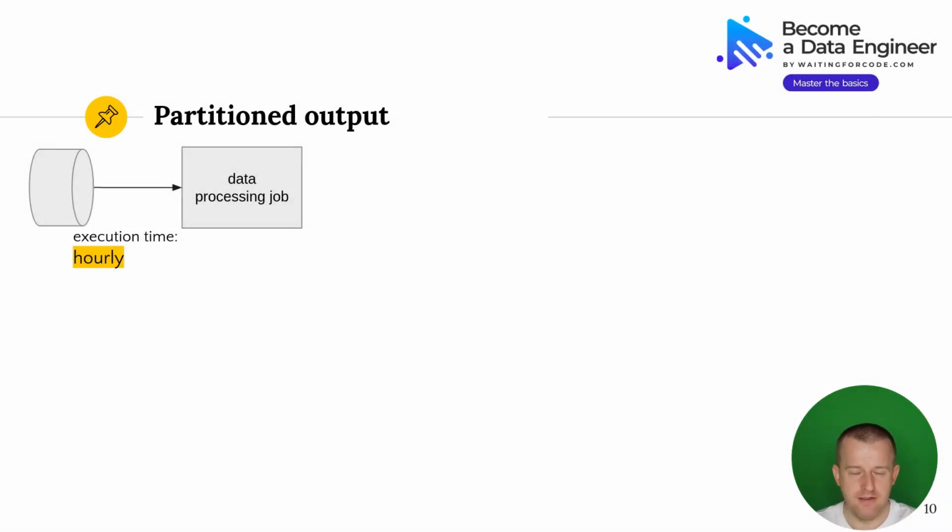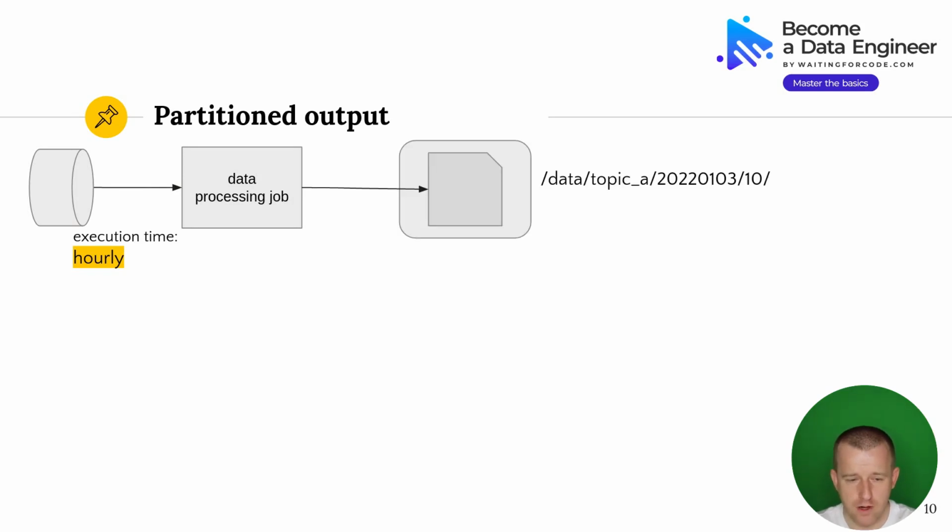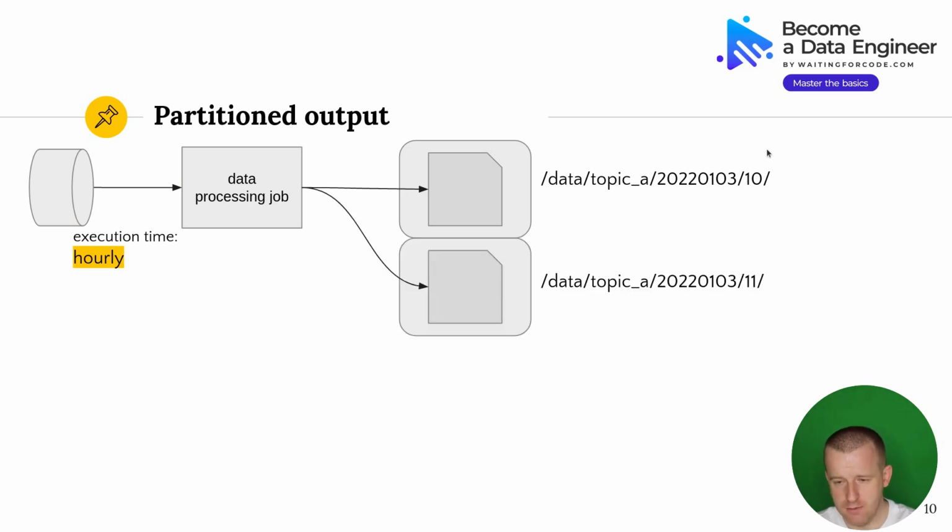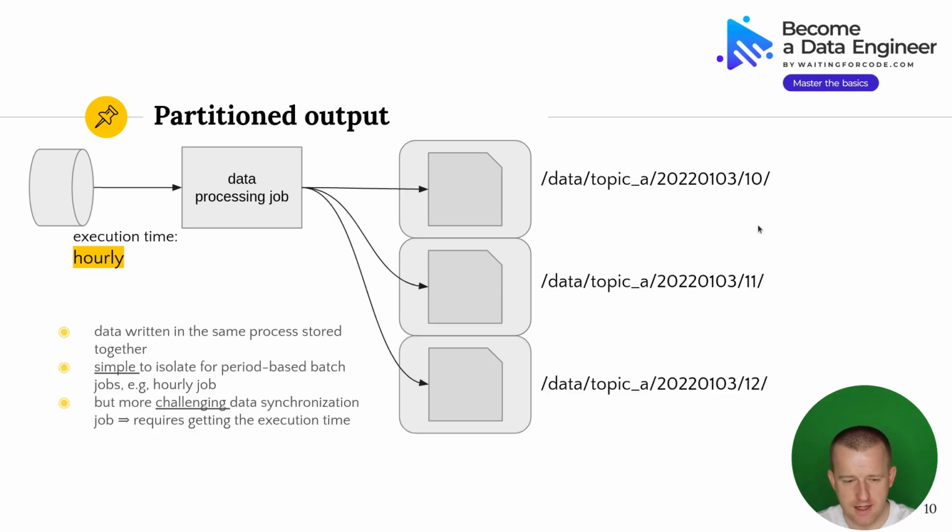An alternative is the partitioned output. So the partitioned output is when we write data to some time-based subdirectories. So here you can see that we have hourly based subdirectories, and it has some ease for the consumption.